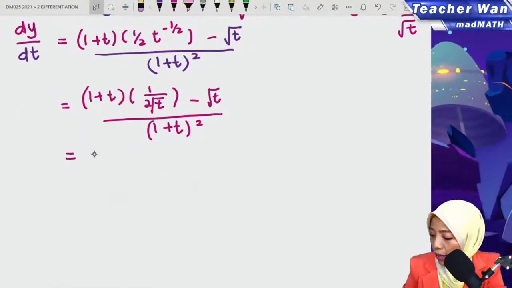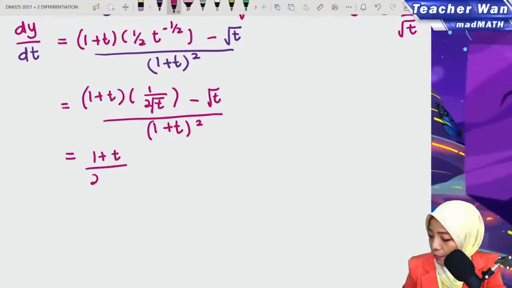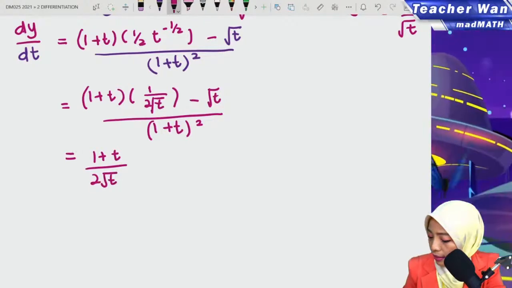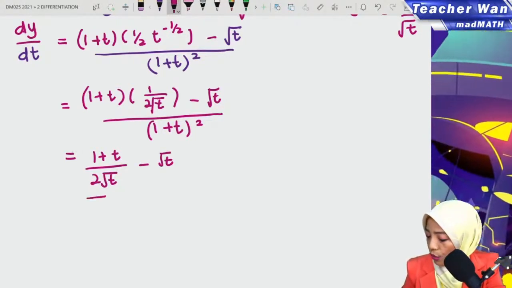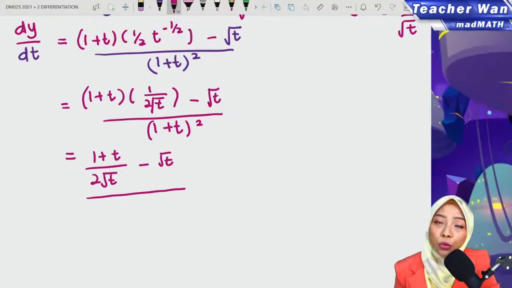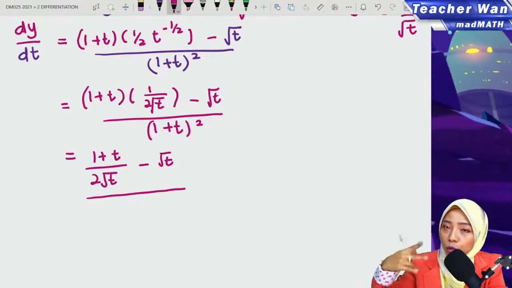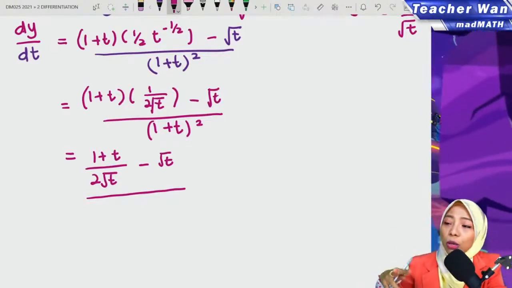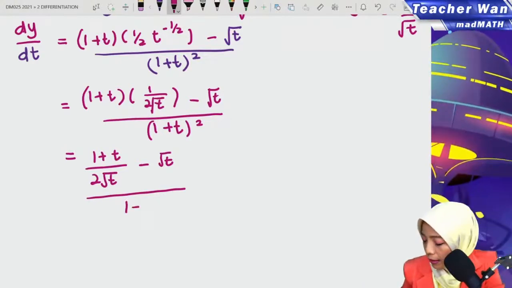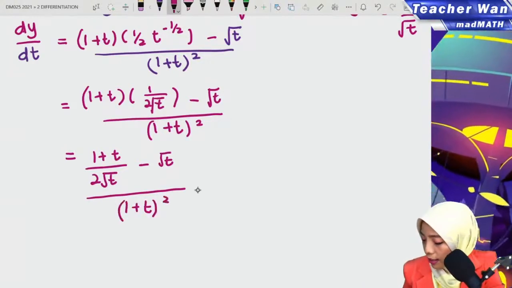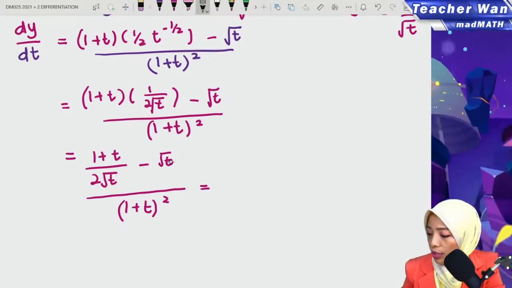We have 1 plus t over 2 root t, and then minus with root t over, it's up to you whether you want to do over again or you want to multiply, but make sure you have to interchange top and bottom. Which one easier? 1 plus t squared.